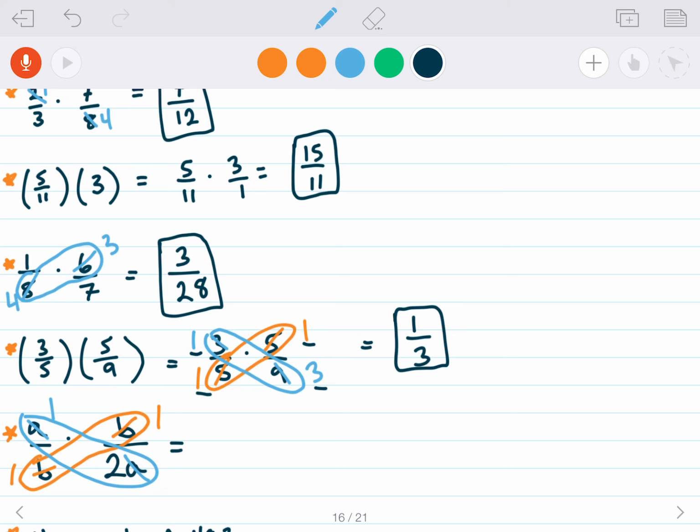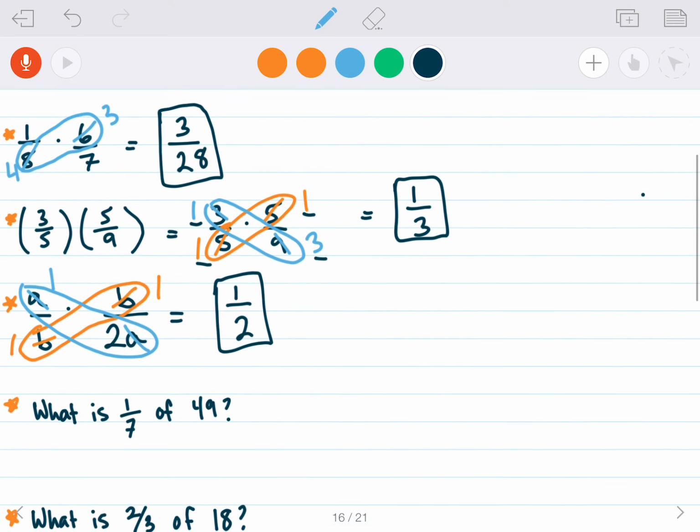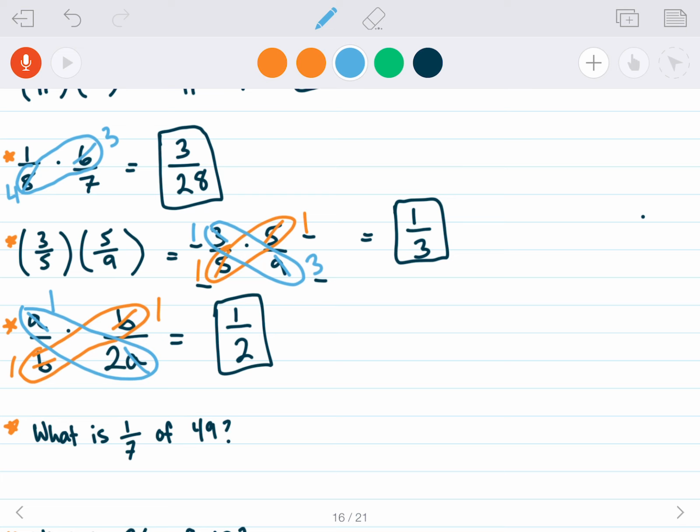Right now we're just doing some preliminaries. All right, so if we multiply straight across, 1 times 1 is 1 on top, 1 times 2 is 2 on bottom, so our answer here is 1/2. Okay. We can also write multiplication problems with the word of. So of means multiplication.